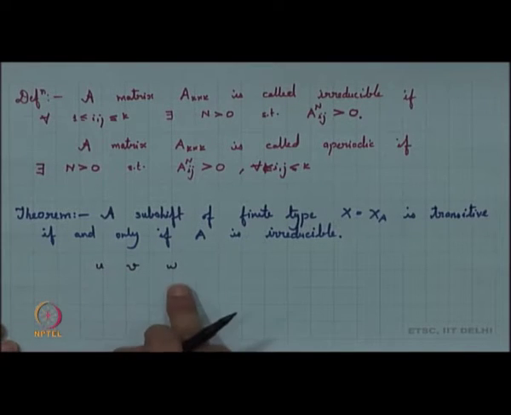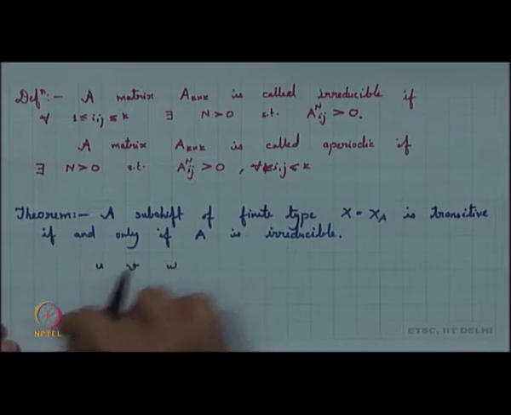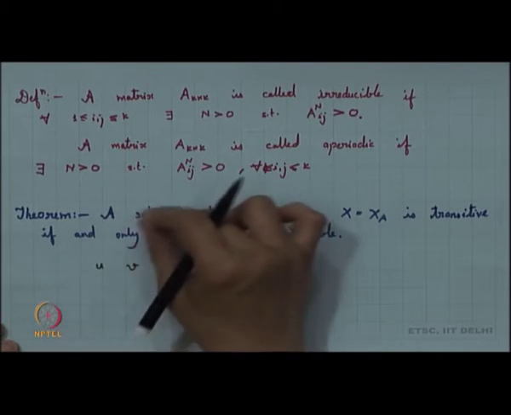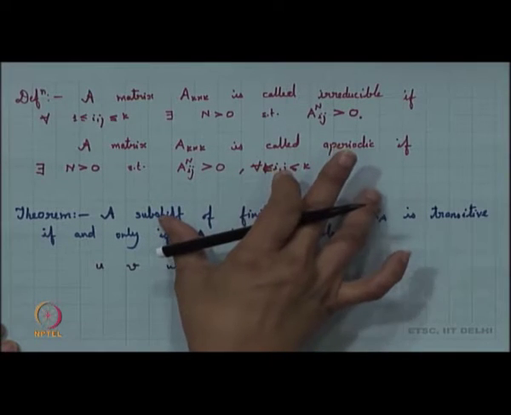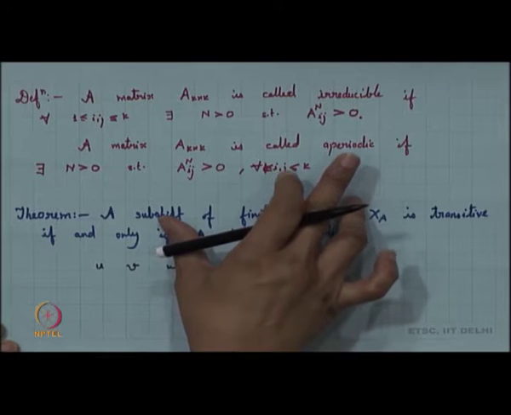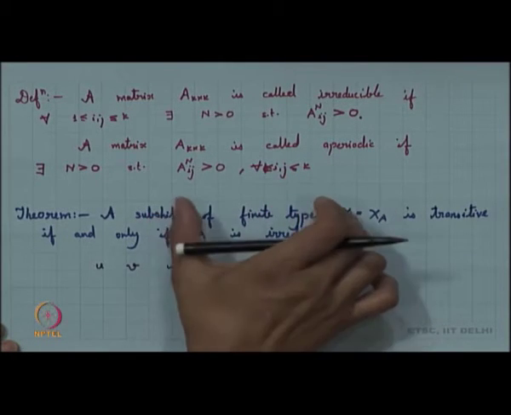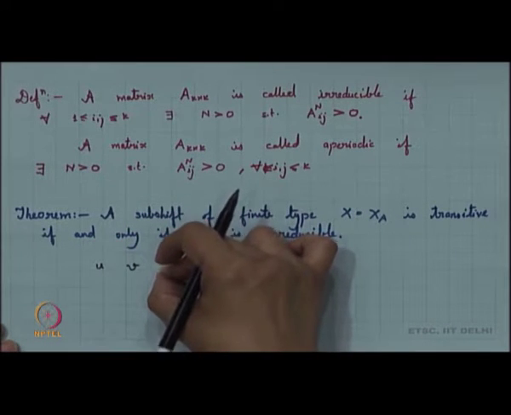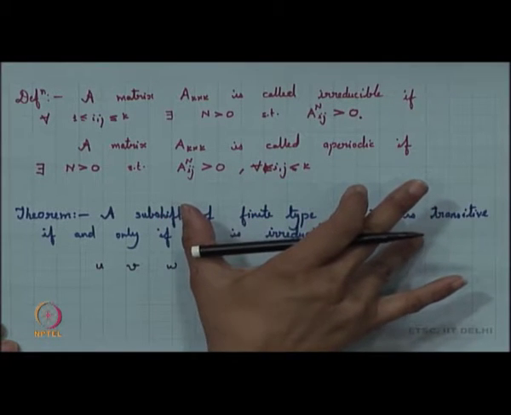So, basically saying that this subshift of finite type is transitive is the same as saying that A is irreducible, because my u could end in the vertex i. Your word w is perhaps starting from the vertex j, and in between you can always find a path, that means you can find a word in between such that this word uvw is intermediating between the vertex i and the vertex j.